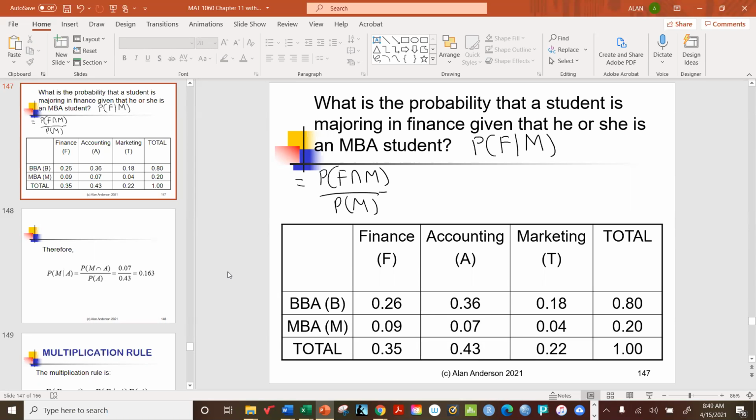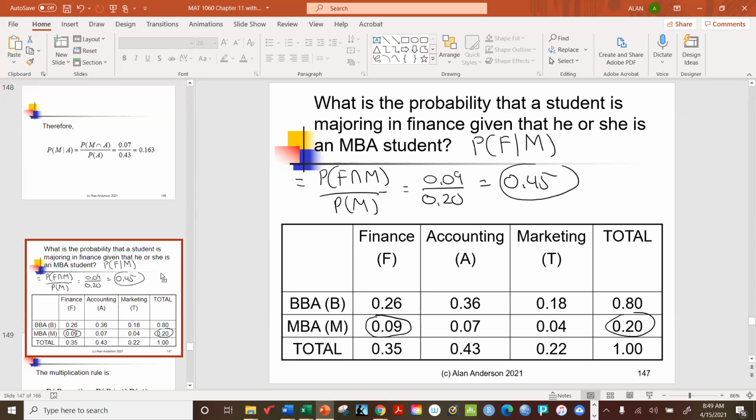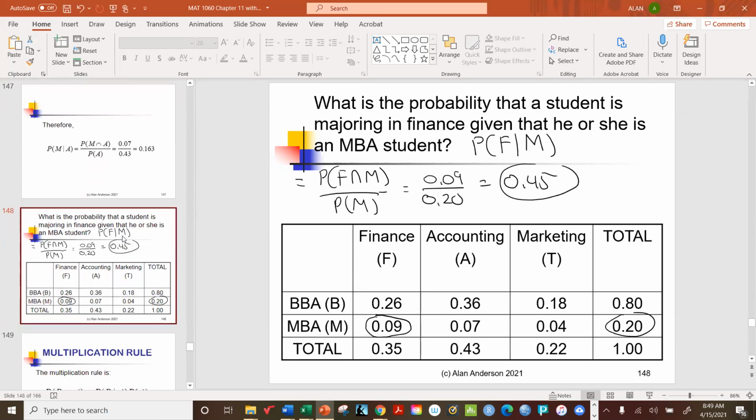And so F and M is just right here. And the MBA students are here. Okay, so that's 45%. And then you're done, and that's it. So they're all exactly the same.